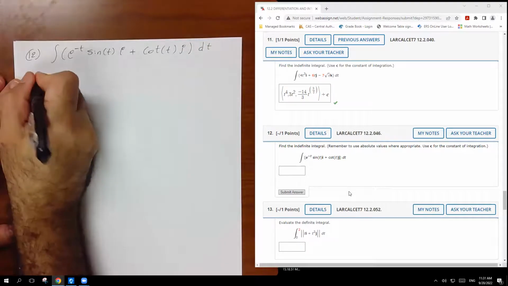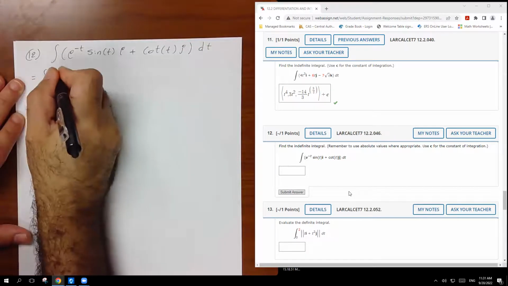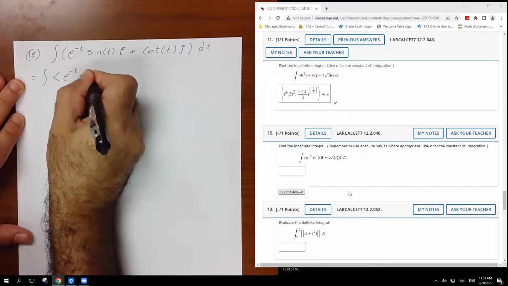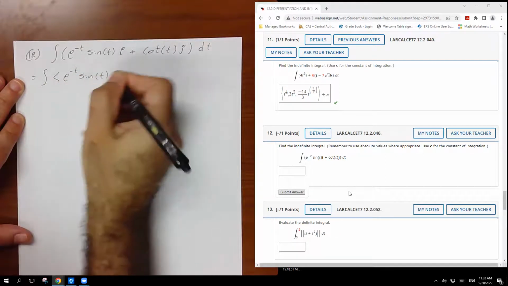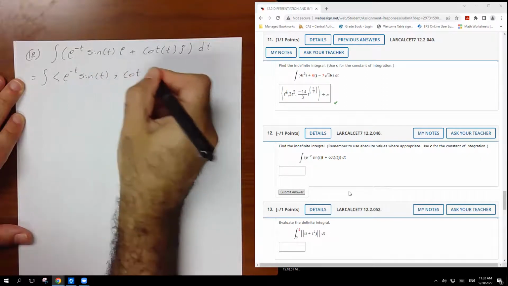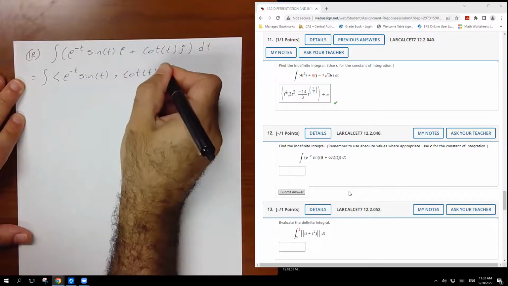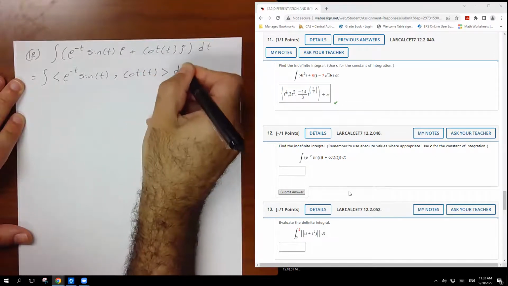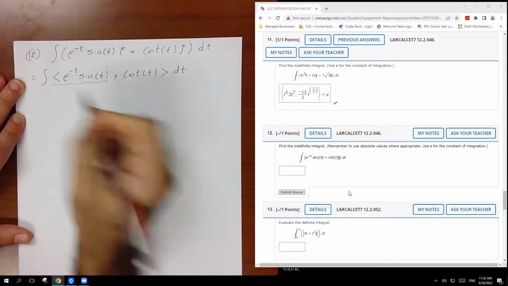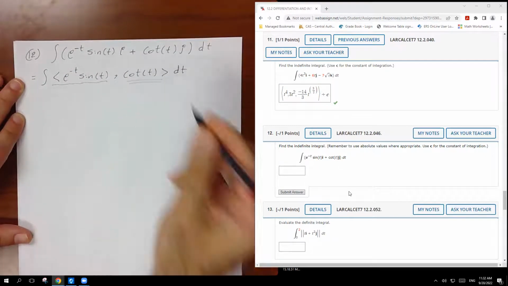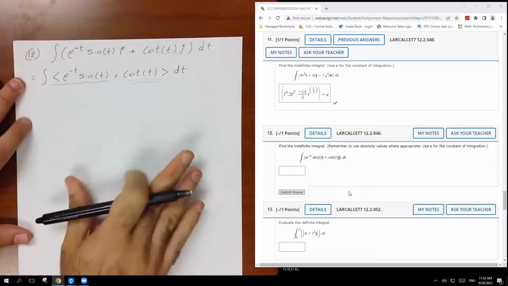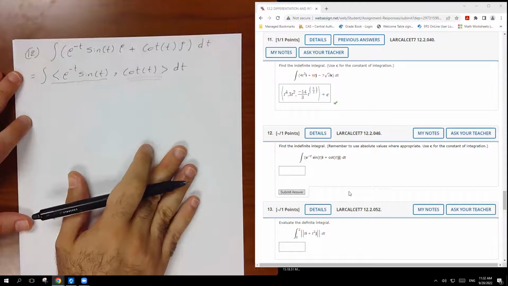I'm going to convert this one to the component form, e to the negative t sine t, and the second one is going to be cotangent t dt. I'm going to find the integral for this part. And you have to do this one because you're going to get exactly the same example. And you're just going to add these together as a result.